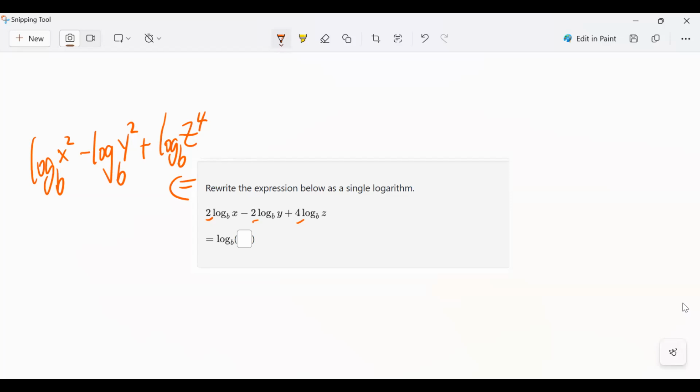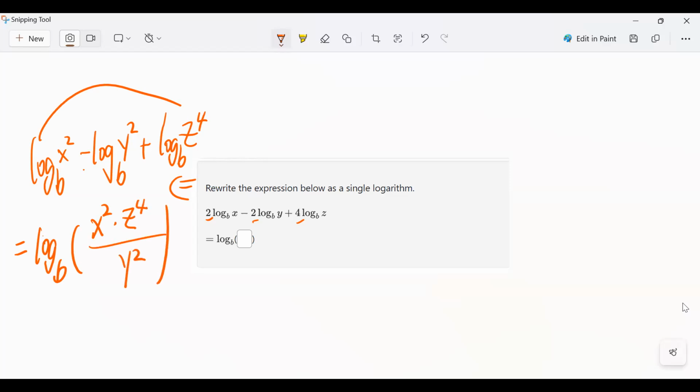So all the coefficients become a power for all the variables. The next thing is addition becomes multiplication, and subtraction becomes division. So same base would be x squared times z to the fourth over y squared.